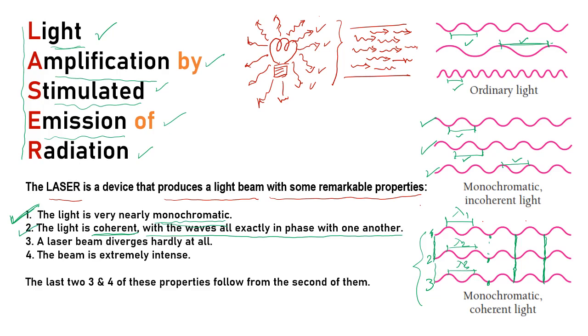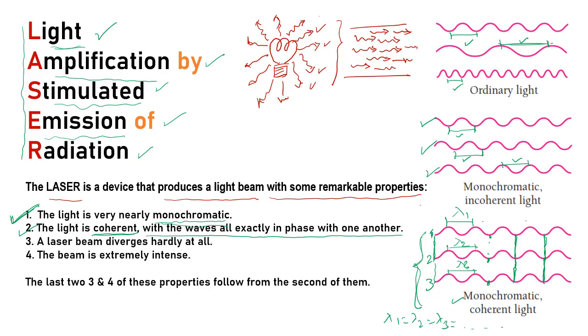So this part of the light wave, in which we have three rays, is monochromatic because the wavelengths, lambda 1, lambda 2 and lambda 3, are all the same, and coherent because they are all in phase with one another. This is what we mean by coherency. Coherency can be spatial as well as temporal.